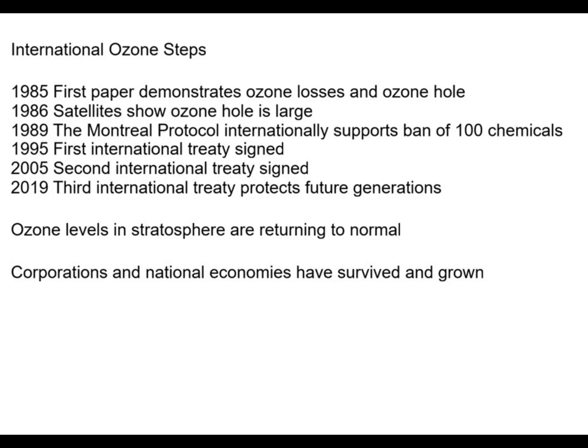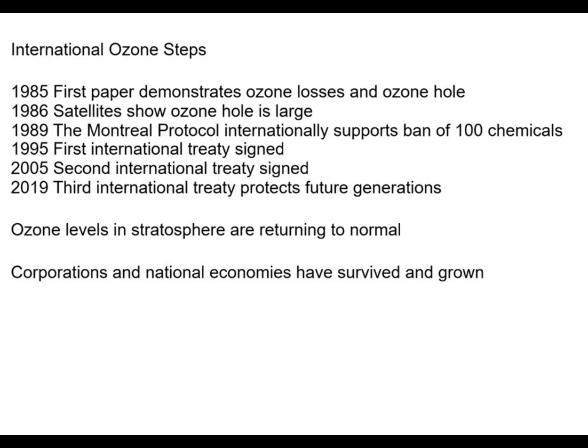Now let's take a look at the organizational and political history of this ozone issue. The first paper demonstrating the losses in ozone and laying out the fact that there's an ozone hole was in 1985. In 1986, satellites were used to show that the hole was quite large.